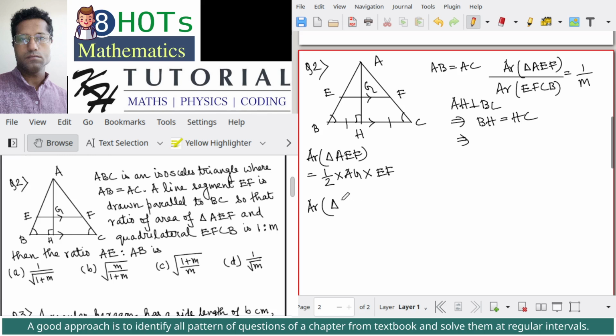So what is the area of triangle ABC? It will be half AH multiplied by BC.